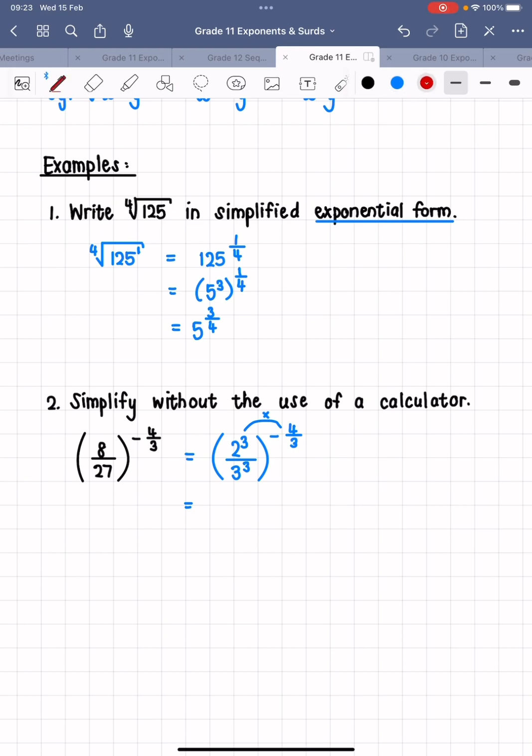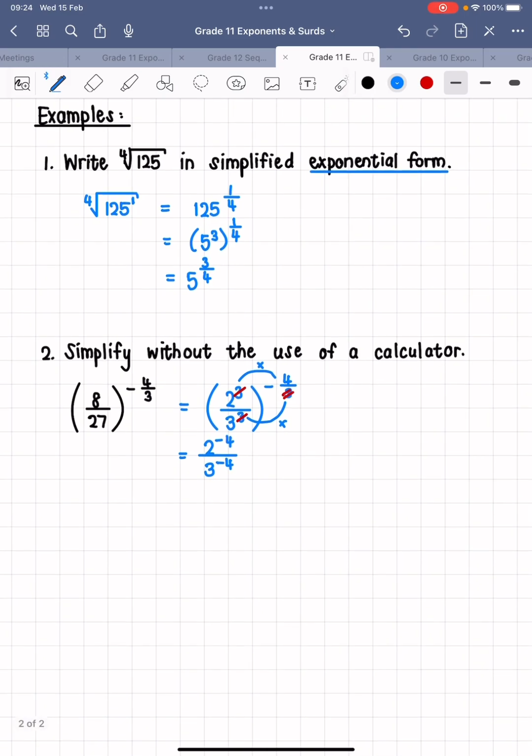That is going to allow the 3's to cancel out. Then we're going to do the same thing at the bottom: 3 times negative 4 over 3, and that again will allow the 3's to cancel out. So I'm going to be left with 2 to the power of negative 4 over 3 to the power of negative 4.